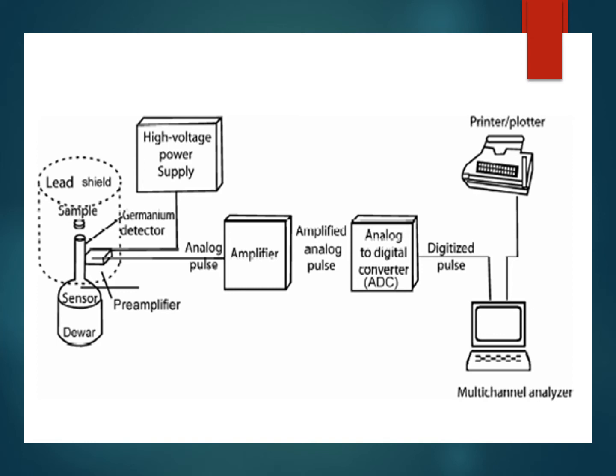So how this whole interpretation occurs will be seen in that figure, that how this germanium detector is working to make those low intensity signals into digitalized high intensity signals in the form of a graph, which is printed on paper, showing how intense those substances or signals are.